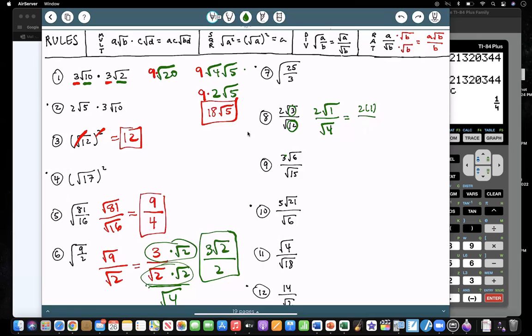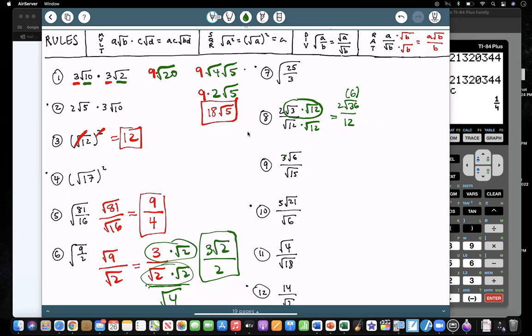And if you don't realize either of those, maybe you're just like, okay, I have a radical 12 down below, and I don't want a radical 12 down below. So what I can do is multiply by radical 12. Because at the bottom, now I'm just going to get 12. Multiplying it by itself undoes the radical. And at the top, I could combine the 3 times the 12. So 3 times 12 is 36, and the square root of 36 is 6.